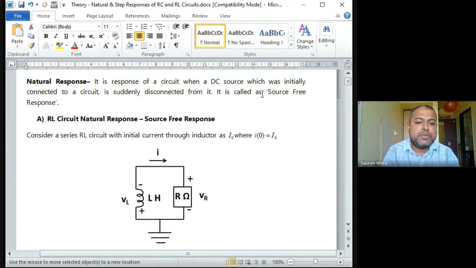Okay, so here as we are taking an RL circuit, initially a DC supply, inductor and resistance were in series. I charged the inductor to an extent, and then suddenly I removed the source and put the inductor and resistor in a closed loop, and I'm checking how the inductor current is going to reduce. It will obviously reduce, it cannot increase because there is no power supply now.